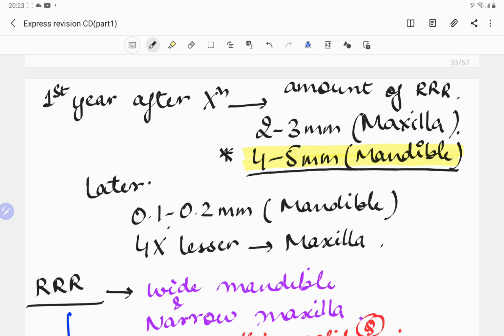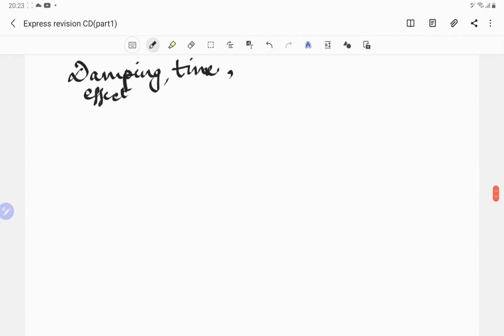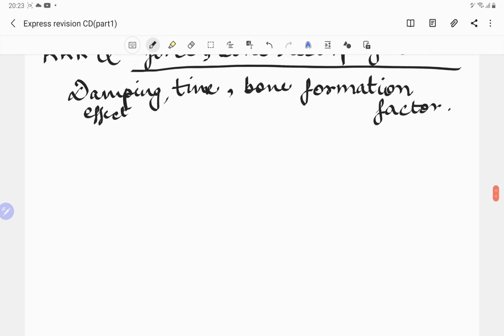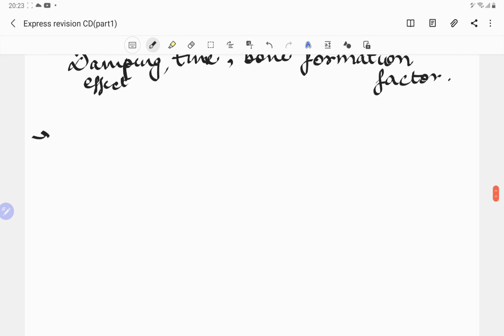Otherwise first year after extraction it was 4 to 5 millimeters, right? So the time is also inversely proportional. And bone formation factors: if there are more bone formation factors, there are fewer chances of residual ridge resorption, right? So what happens in case of extreme bone resorption?